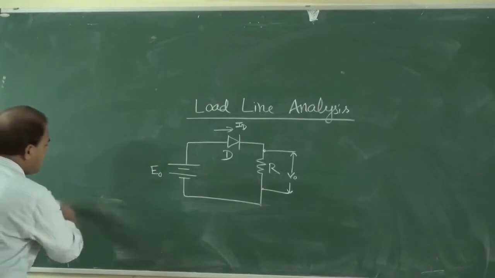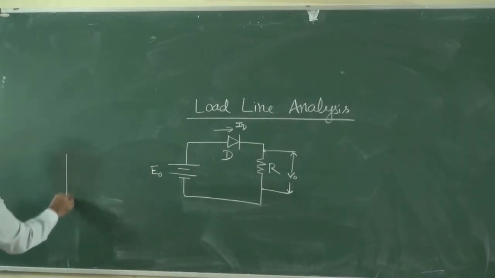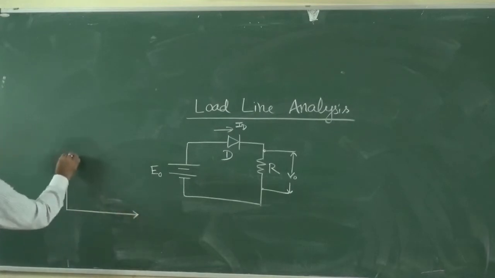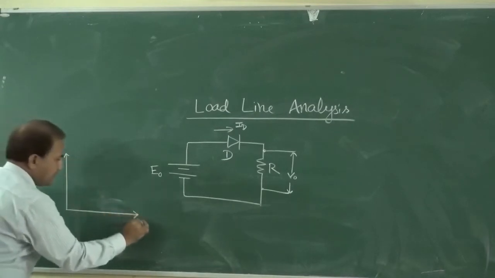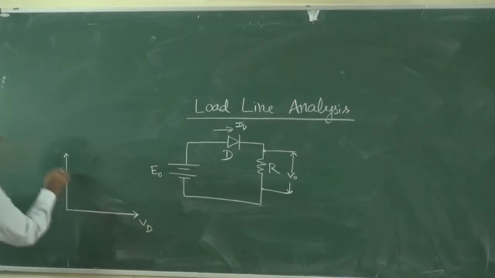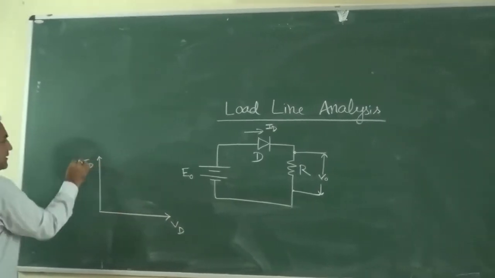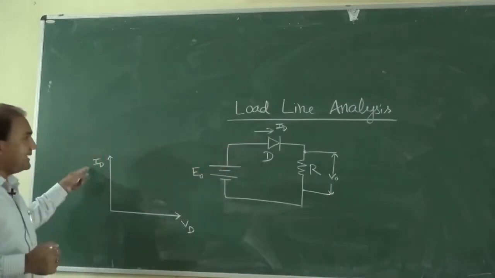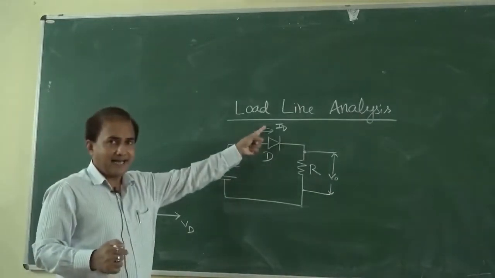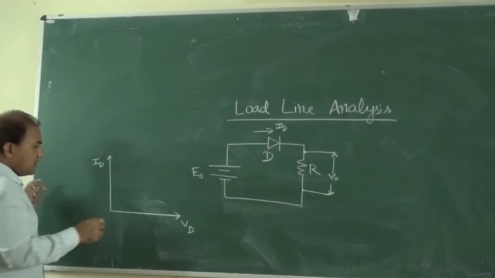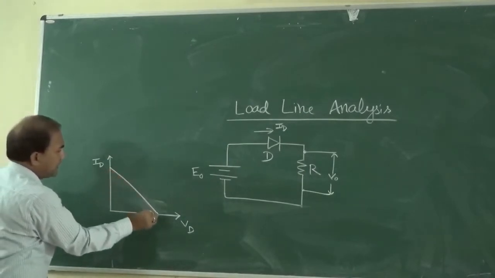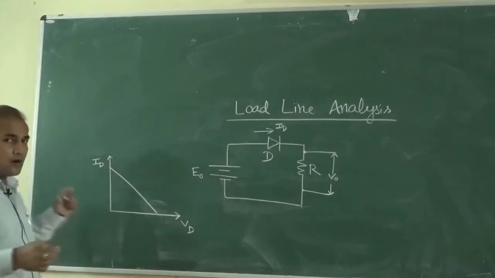In load line analysis, this is VD versus ID. This is the voltage of the PN junction diode and ID is this current. We have to plot the load line. What is this load line and how can we plot it?